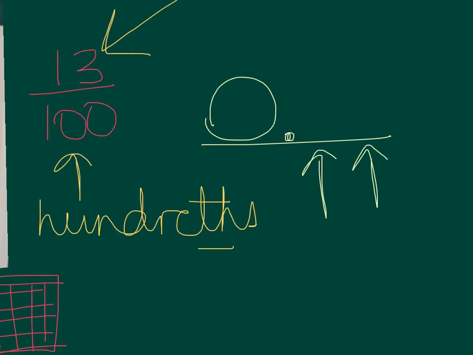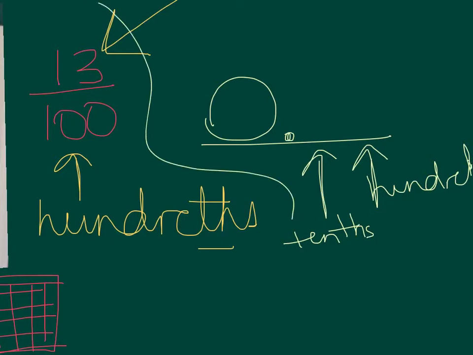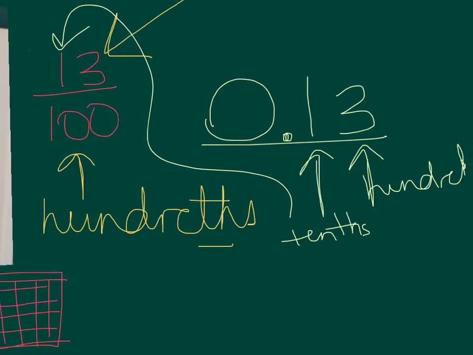So we look, and this was the tenths place, and this is the hundredths place. Well, our number is 13. We have 1 tenth and 3 hundredths.